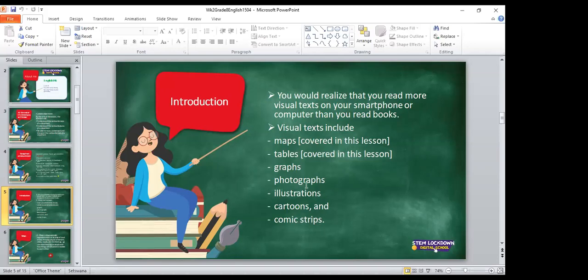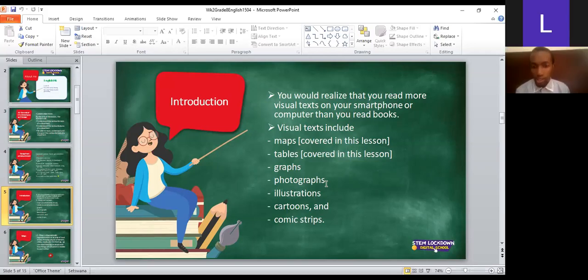Yes, there are also photographs. You can be given photographs in your assignments, tests and exams, where you need to read them. You need to visualize the photograph, see what is in the background and things like that. Even with me right now, you can see my background.